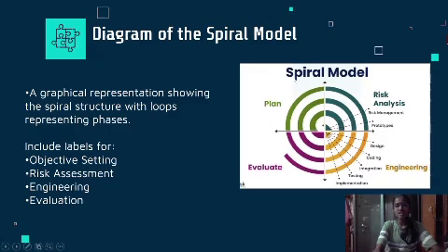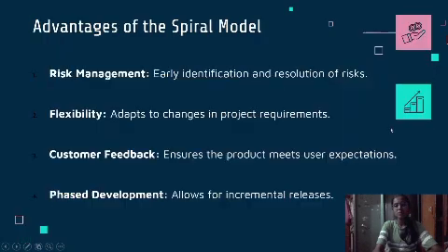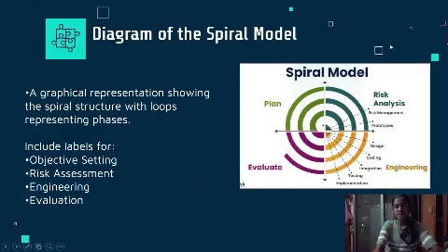In the planning phase, you will sit together, communicate with your team, and plan what you are going to include in your project, that is the software development project. Then, in the risk analysis part, that is the second quadrant, you will be developing a prototype of your model, and once you have developed the prototype, you will be calculating the risks that can occur in future, that is the risk analysis.